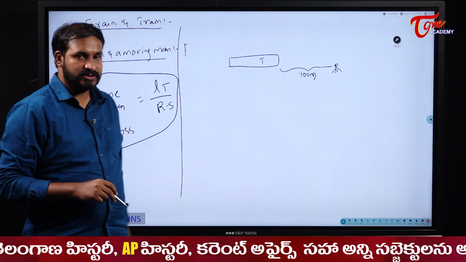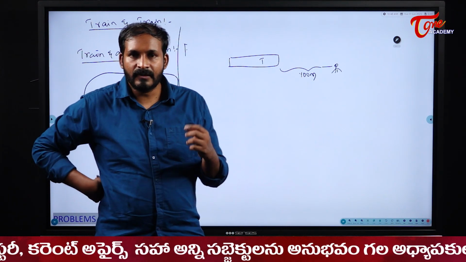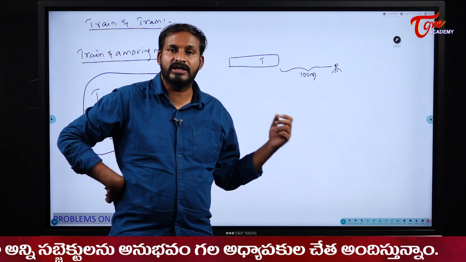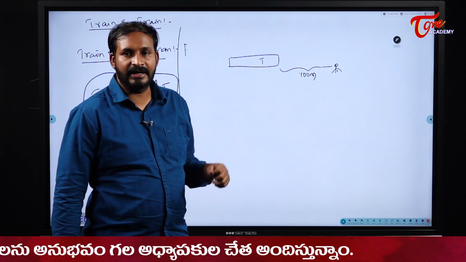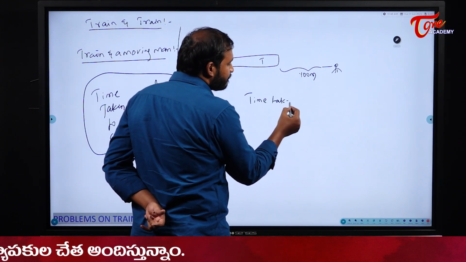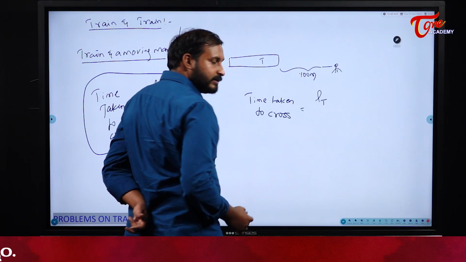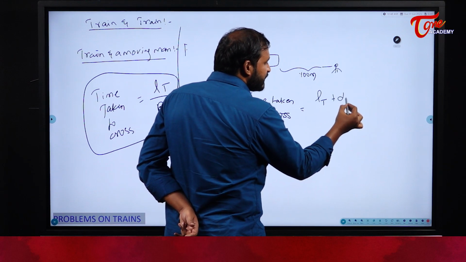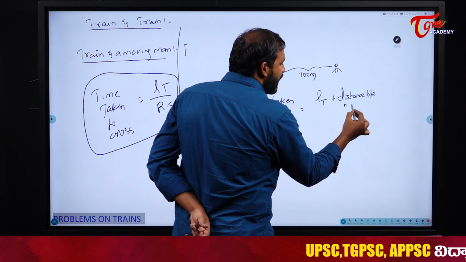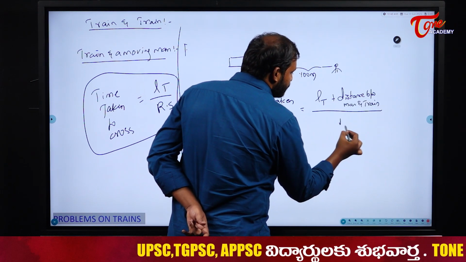Then time taken to cross means, if they mention any distance in this manner, we will consider the length of the train, and we should also consider the distance between the man and the train. So time taken to cross means length of the train plus distance between man and train, by relative speed.